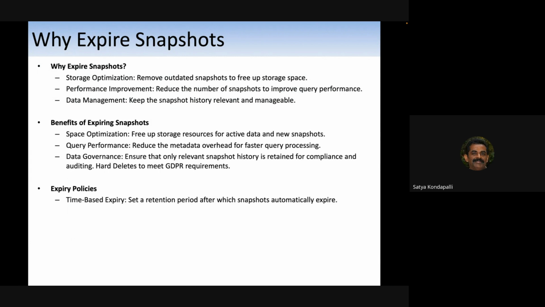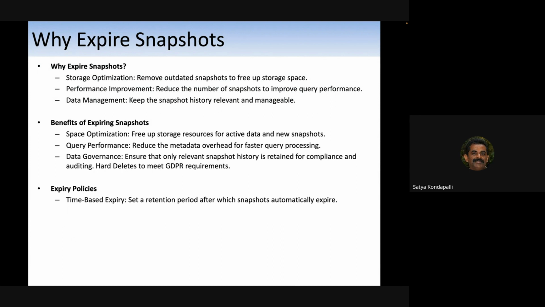So what are the policies? There are no standard rules. You can expire based on your use case. I know we are doing some tables weekly. Maybe keep only 7 days, some tables 30 days, some tables 60 days.